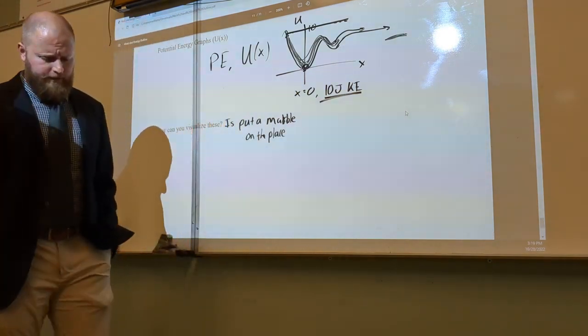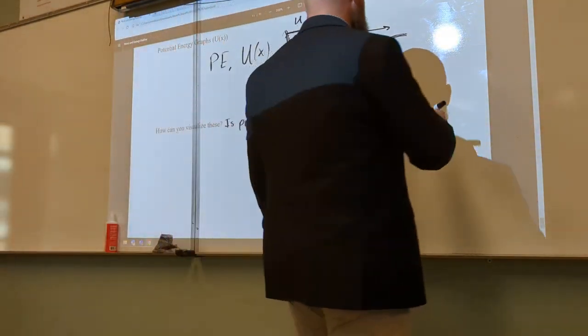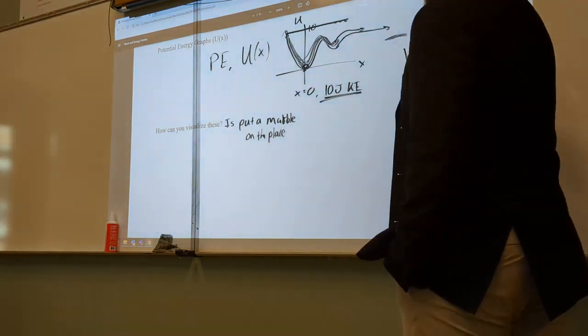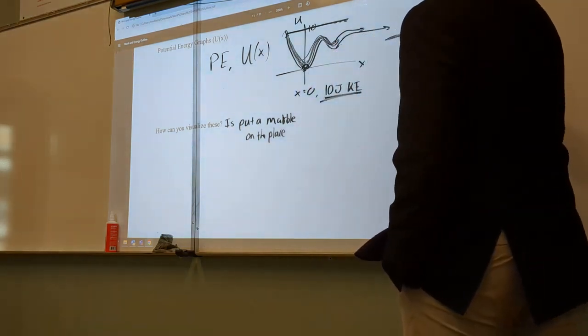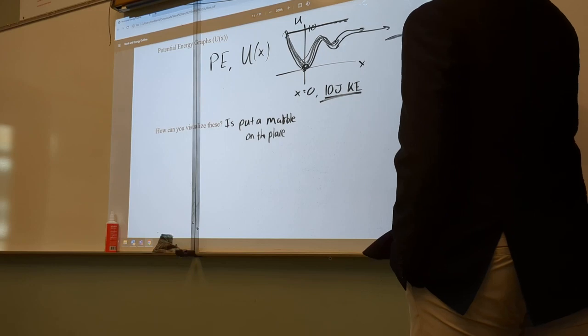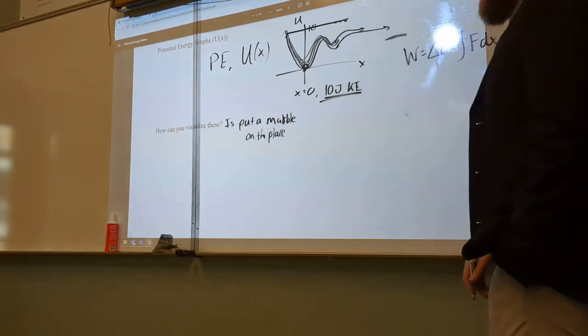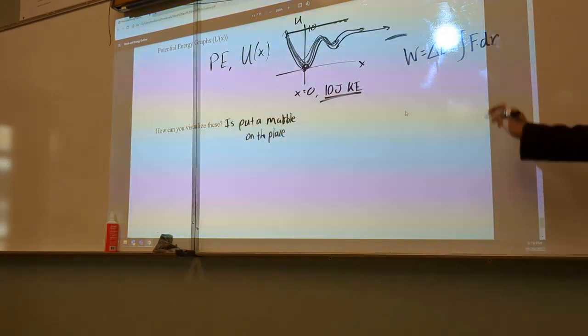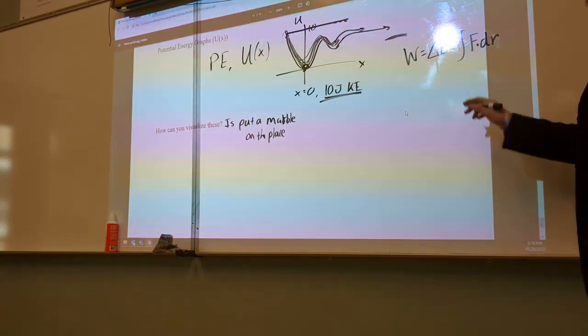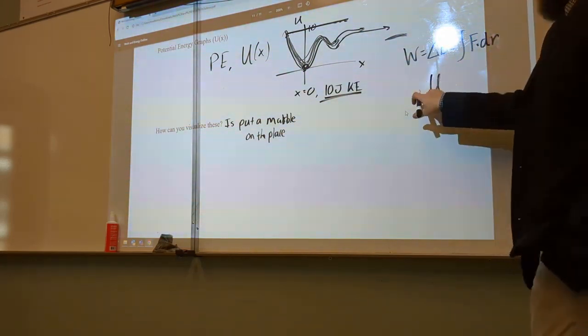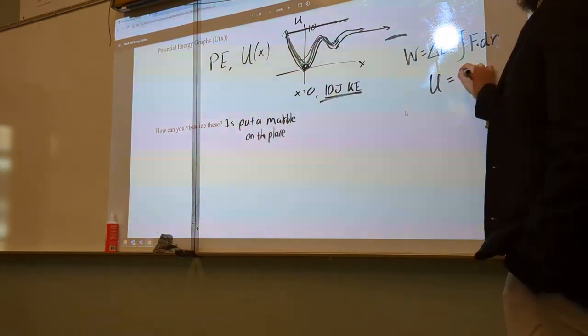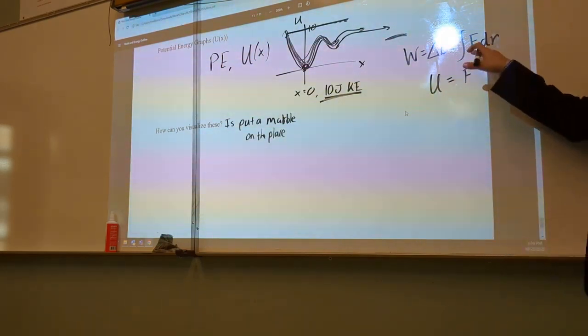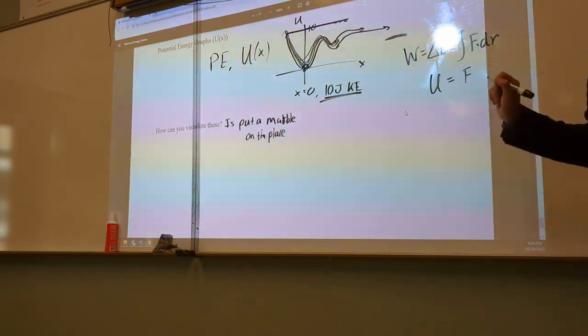Now, let's review a little bit. We know that work, which is equal to the change in energy, is equal to the integral of F dx, or you can put F dot dr. Those are kind of the same things. Which means the relationship between potential energy, U, and F is this. I need to take the integral to get my potential energy.